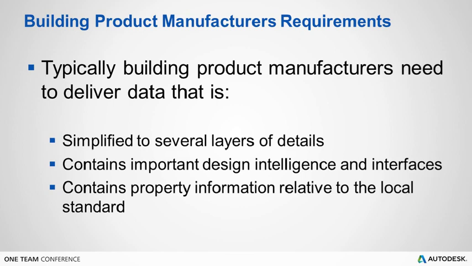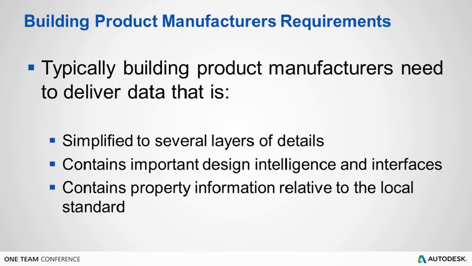And as you can see there, simplifying the layers of detail, or that level of detail, is one of the key things. And the reason for that is that if we have fully manufactured data and we communicate that to the architect, first of all, we're transferring our intellectual property maybe on the design. And secondly, we're communicating far more data than is required. And quite often that can become unwieldy for an architect to consume in the architectural space.